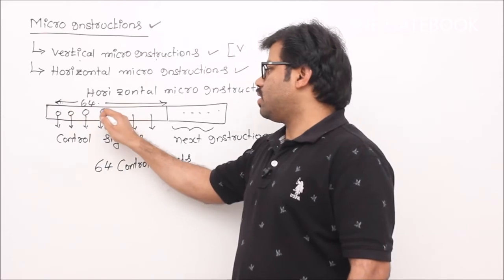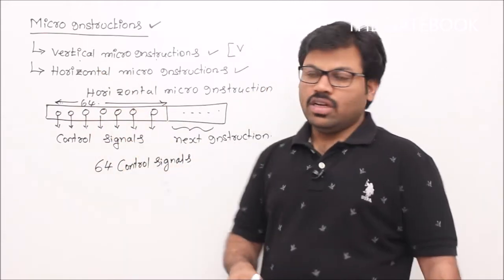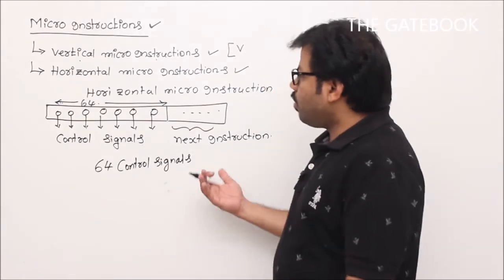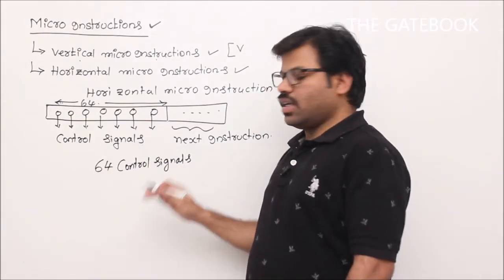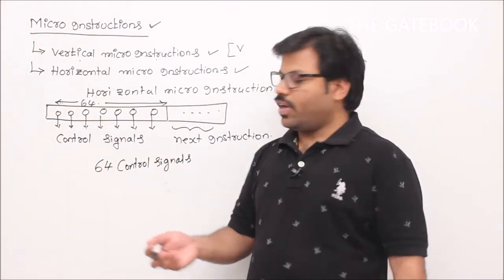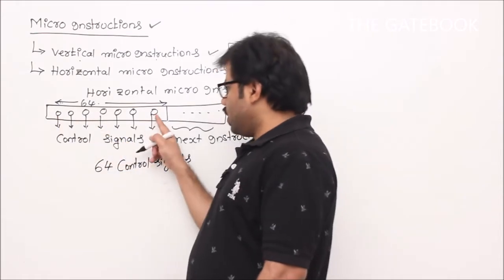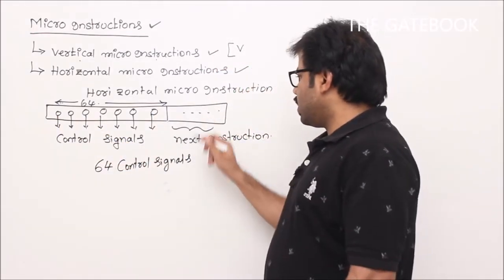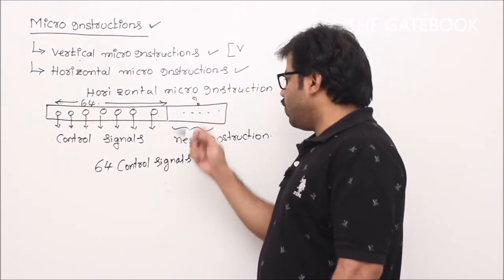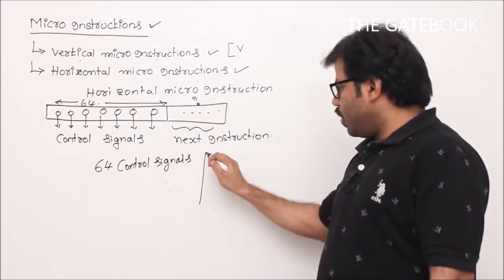Minimum 64 bits. So that is what we have done in horizontal micro instructions. Now what is the problem here? You have 64 control signals, so 64 different entities are required, right? But the problem is when you have 64 positions like this for the next instruction, what is the size of the next instruction? By the way, I will tell you, that depends on your control memory, right?